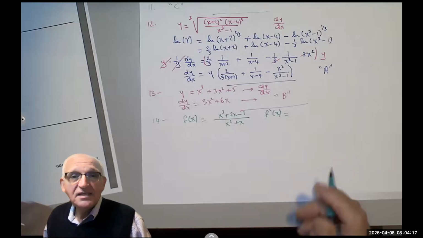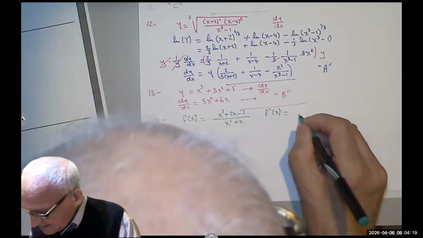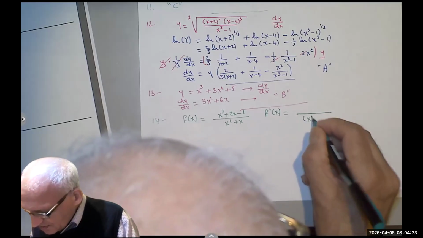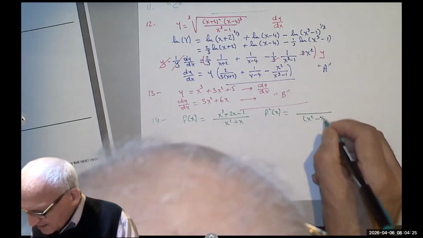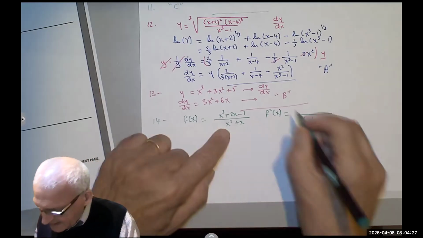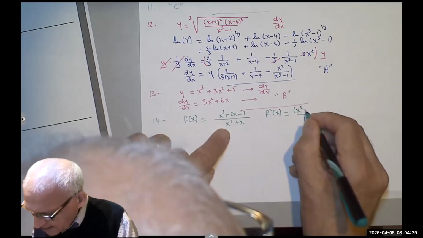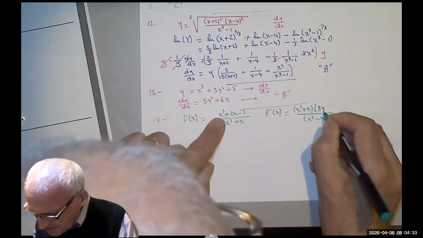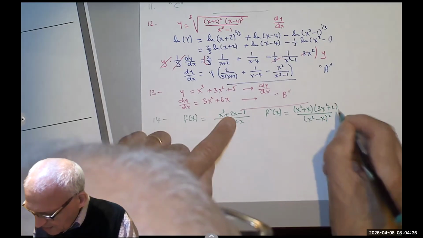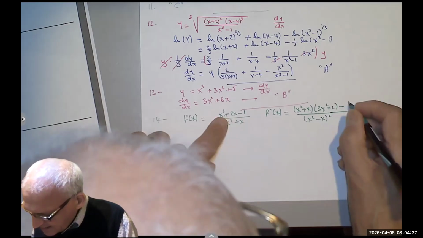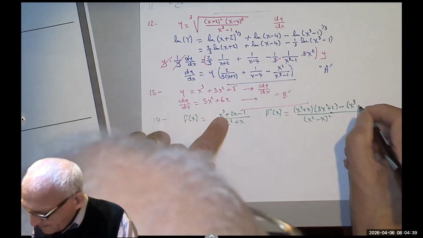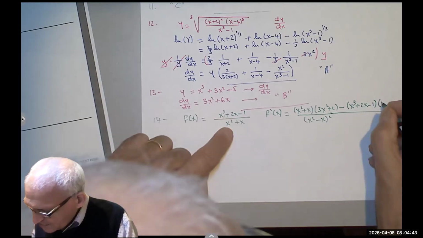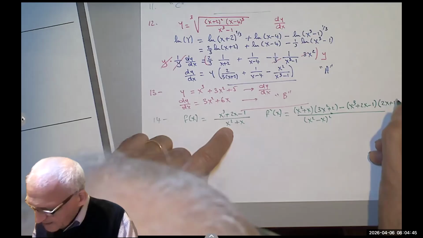We know that to find the derivative of a quotient, we square the denominator, and then you multiply the denominator by the derivative of the numerator, which is 3x squared plus 2, and then you subtract the numerator times the derivative of the denominator, which is 2x plus 1.